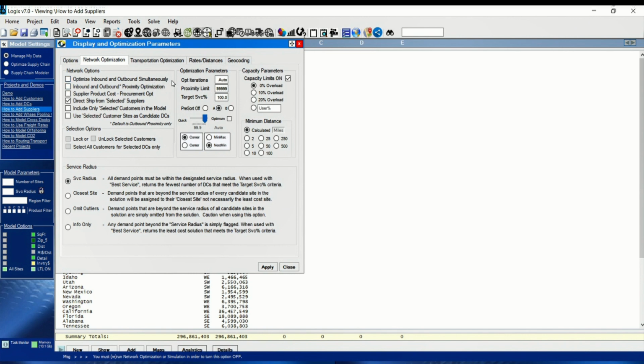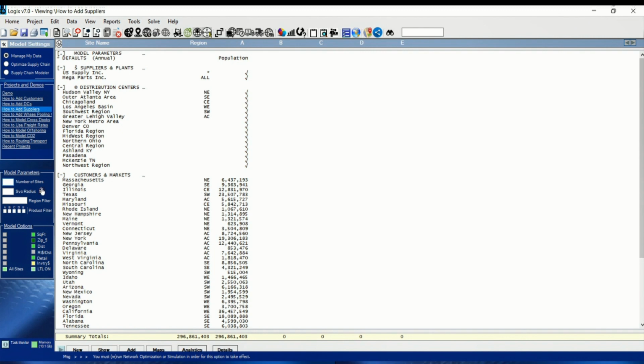The choice is yours to make. We'll click on Optimize Inbound and Outbound simultaneously. This will allow Logix to take a look at both the inbound and the outbound side of your problem simultaneously and optimize the location of your facilities based on both the inbound logistics and the outbound distribution.